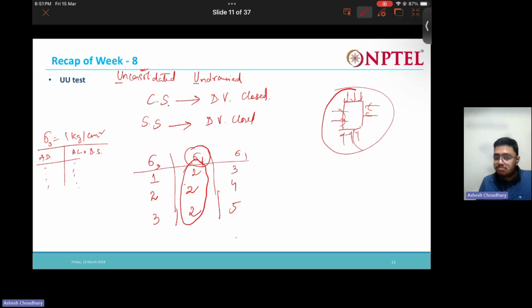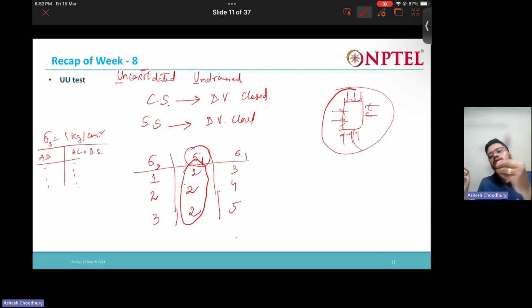If you remember from the effective stress chapter, the concept of spring and piston, as you are applying the load, whatever extra load you are applying is being transferred to the water. It shows up as the pore pressure.